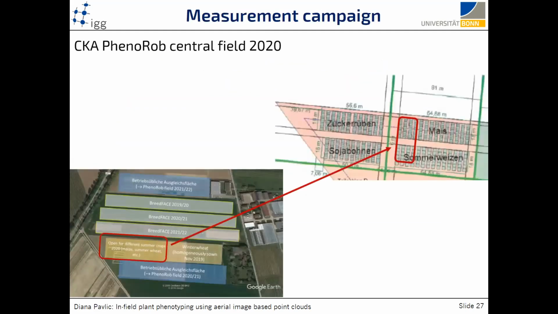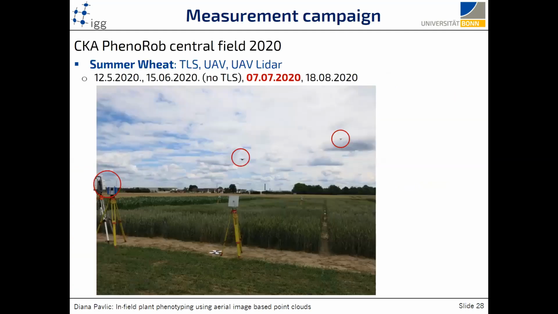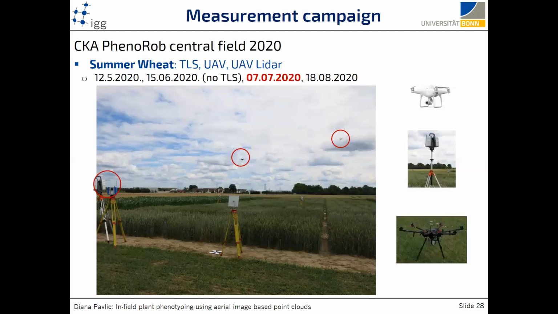To answer those questions, we established one measurement campaign this year at Campus Klein-Altendorf, on the Central Finnerup field. We observed 2 different crops, summer wheat and corn, multi-temporally using 3 different sensors: image-based UAV, LiDAR-based UAV, and terrestrial laser scanner.